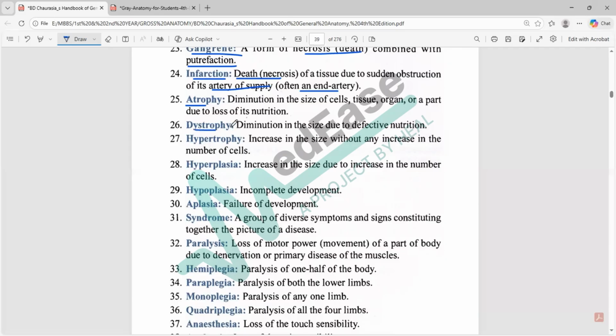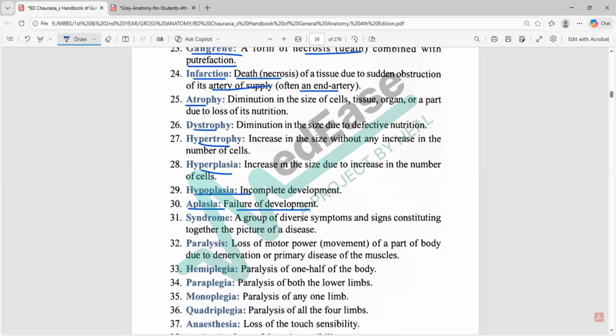It can be of any type. Then we have hypertrophy, which is an increase in the size, whereas hyperplasia is an increase in the cells, and hypoplasia means a decrease in cell number, which results in incomplete development, whereas aplasia means failure of a specific organ to develop mainly.